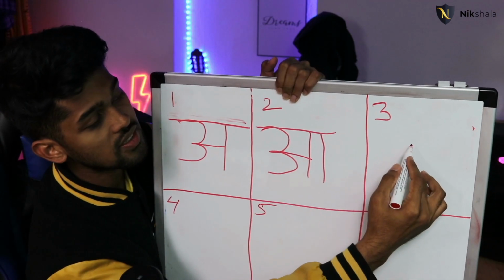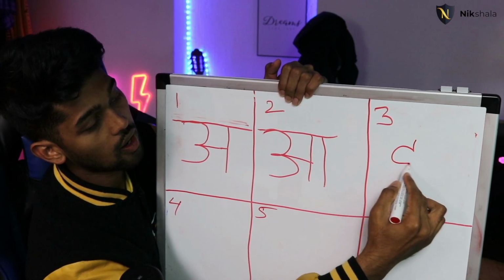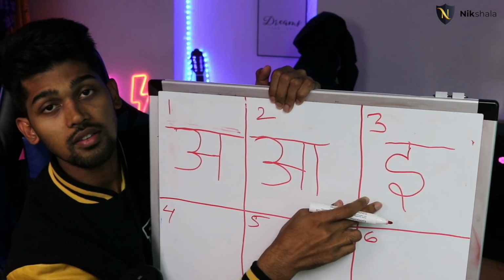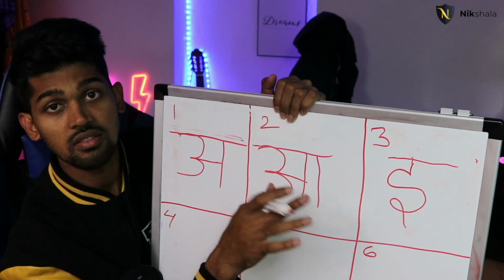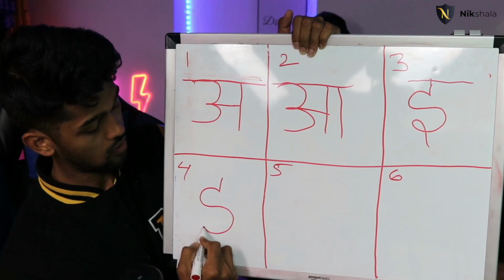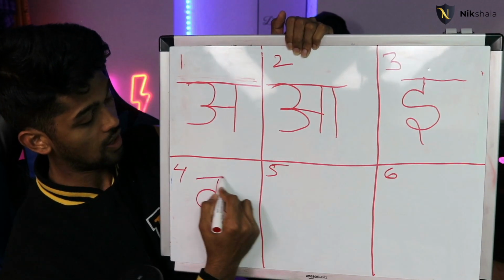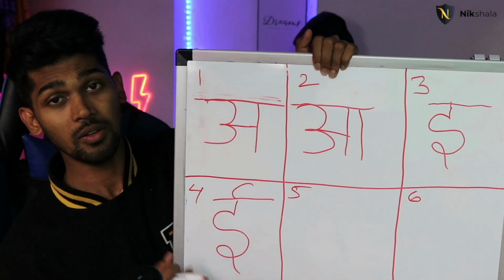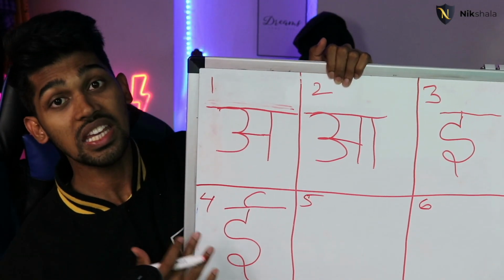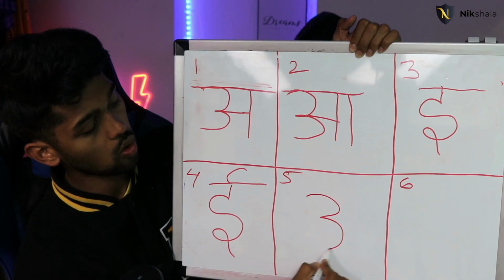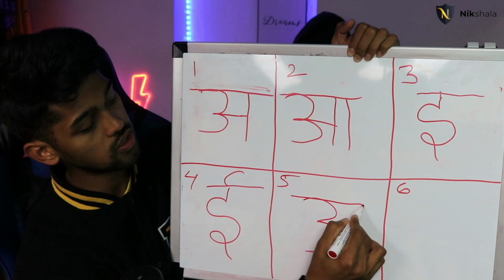Third one is like this. This is E. Simple, no stress. E. Let's move forward. Same way, but now with this. This becomes E. Stress. E. So moving forward, fifth one is just like that.